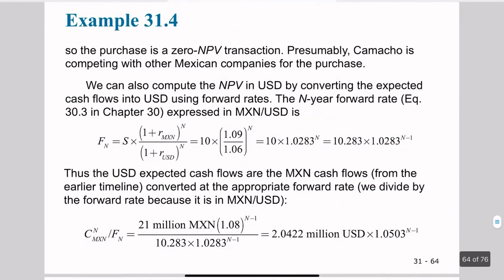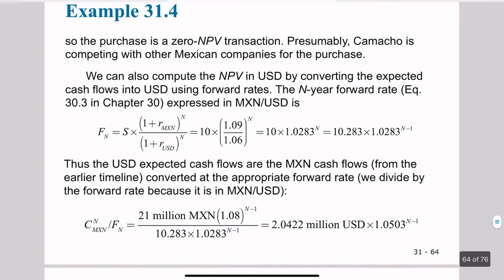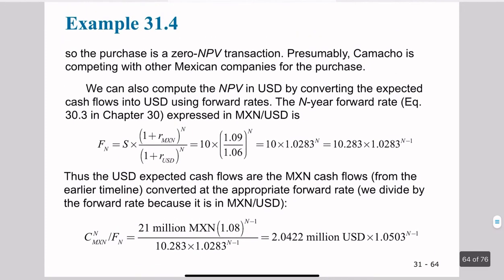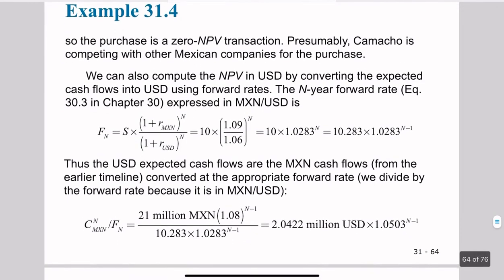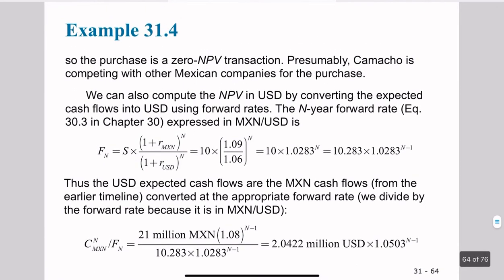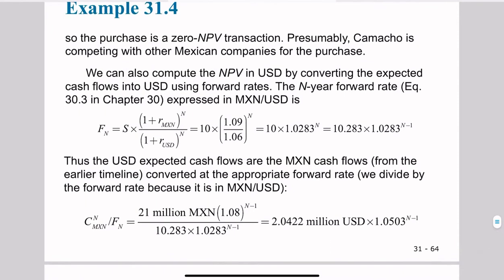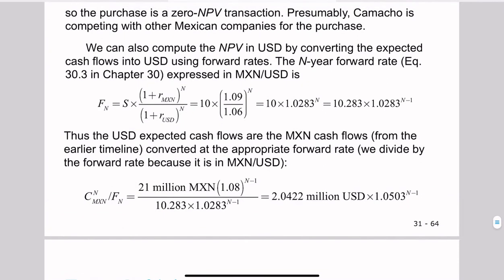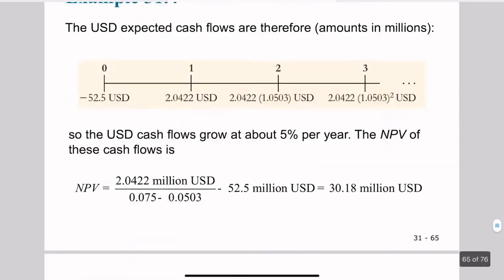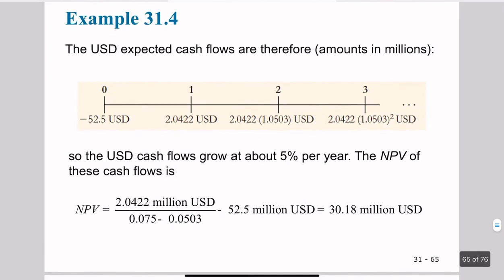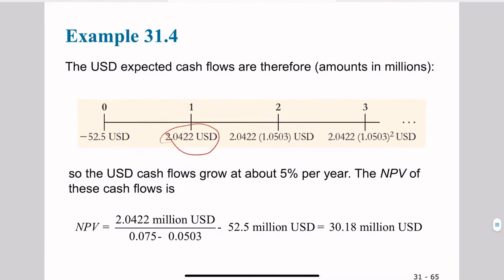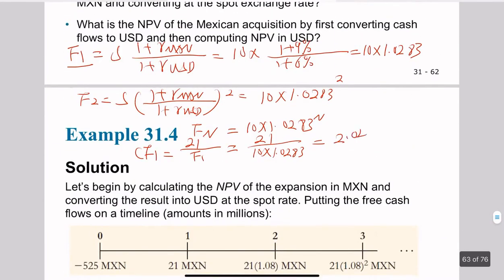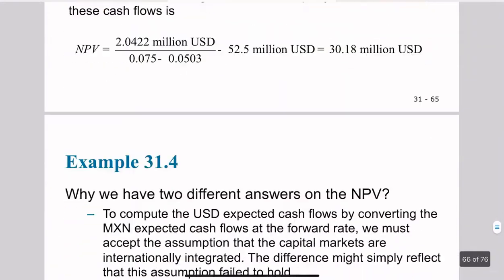So let's see what the amount is. Okay, here we have this number. Good, it's 2.0422.